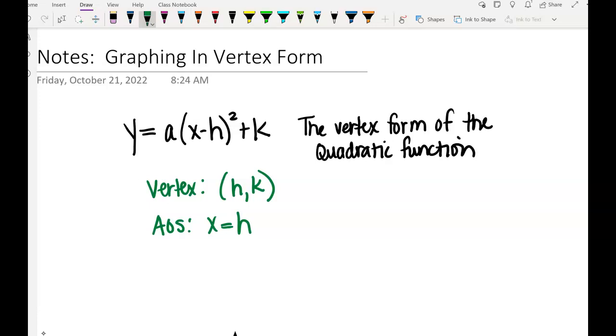Now, which letter in there affects the graph moving left or right? Which letter is my horizontal translation? We just, in our notes from yesterday, this would be called a horizontal translation. Which letter there is my horizontal translation?